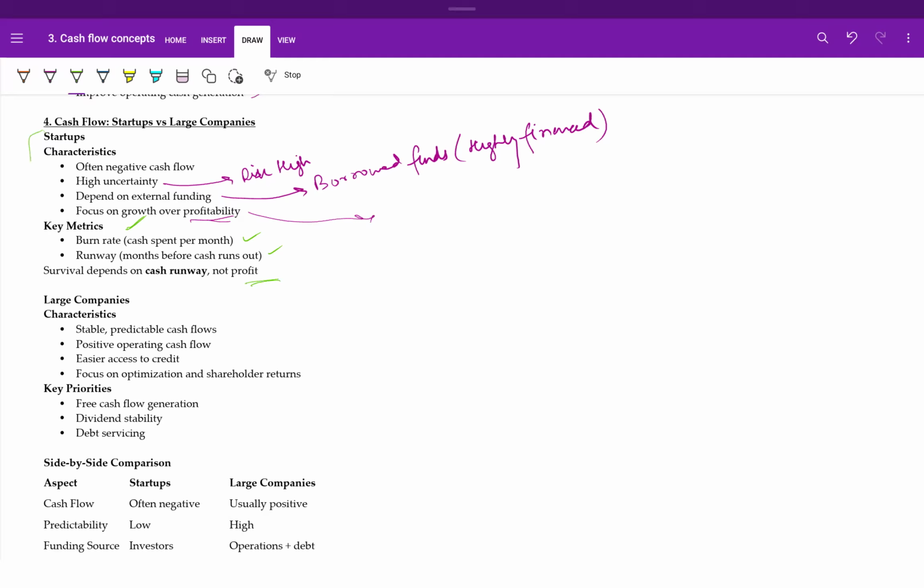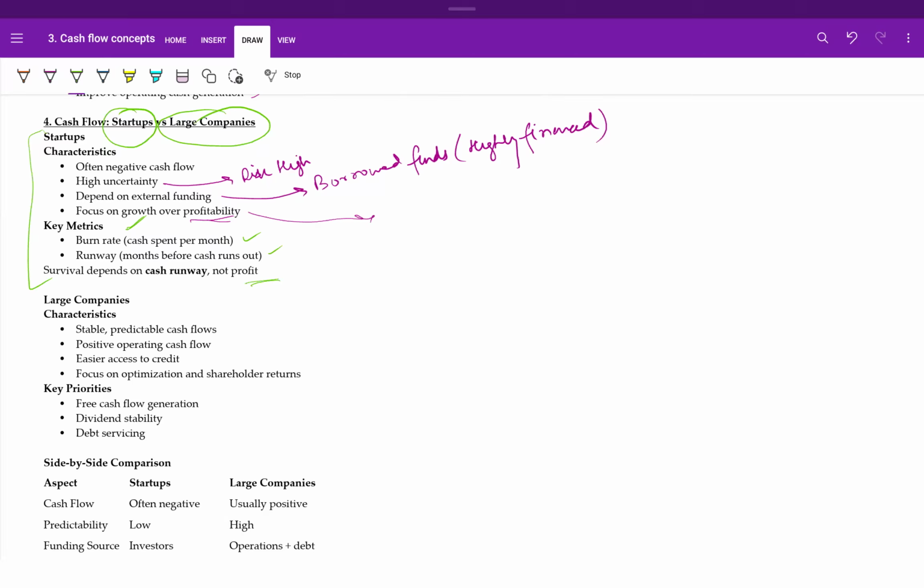But when we talk about large companies, now understand this thing. When we are assessing startups, we need to look at different metrics. But when we are looking at large companies which are stable in nature, we need to look at different metrics. The psychology of running a startup and the psychology of running a large company is way too different. So when we talk about large companies, the characteristics are that they have stable and predictable cash flows.